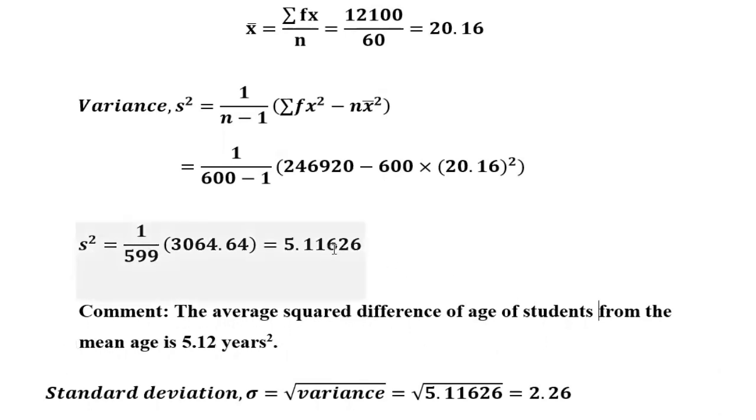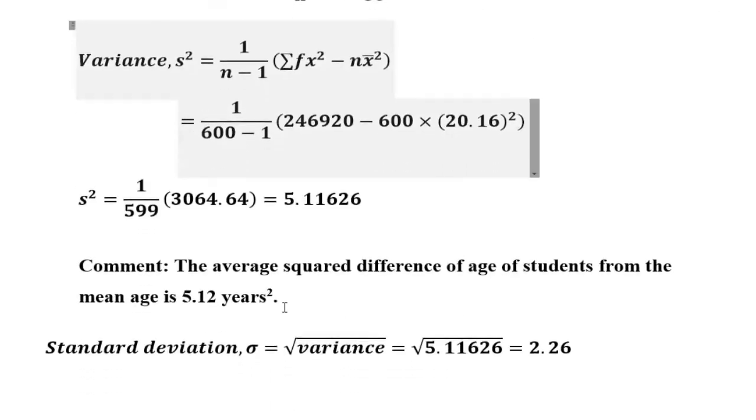When you have a unit, you have to give the unit square. Don't forget, if the weight of the student is in kg, the variance will be kg square.